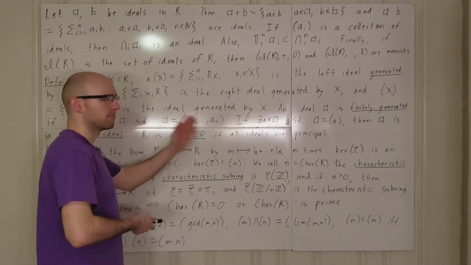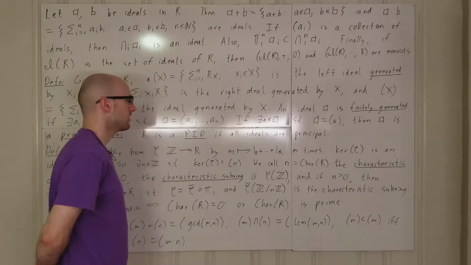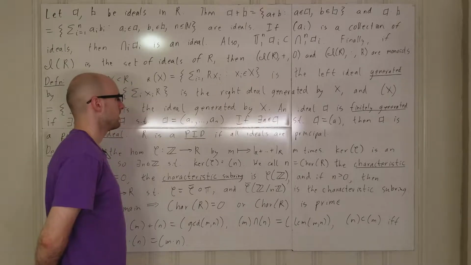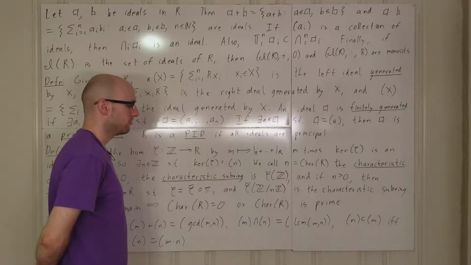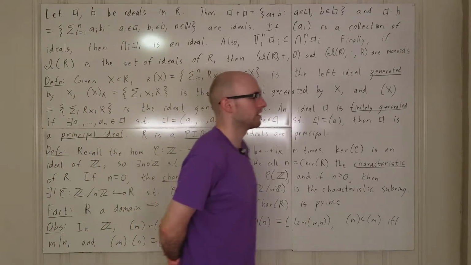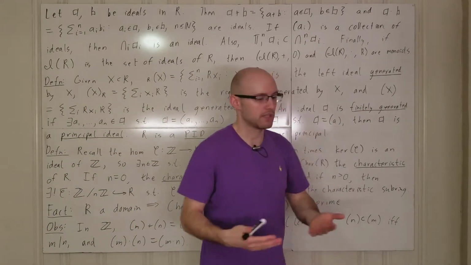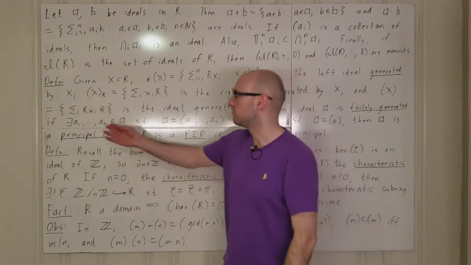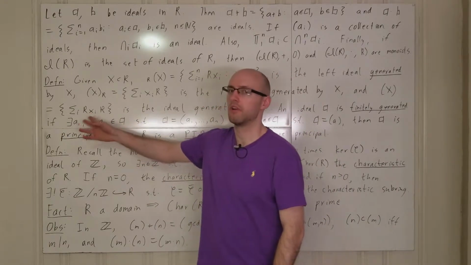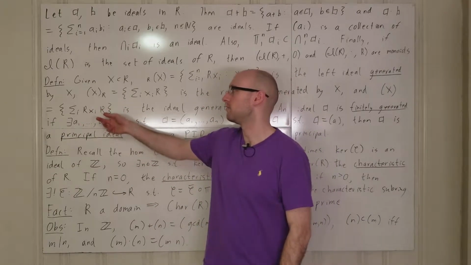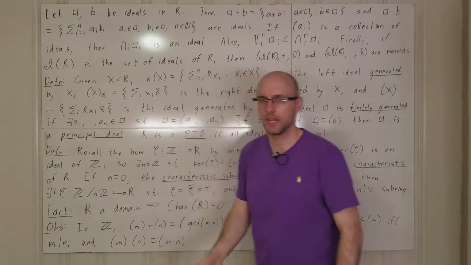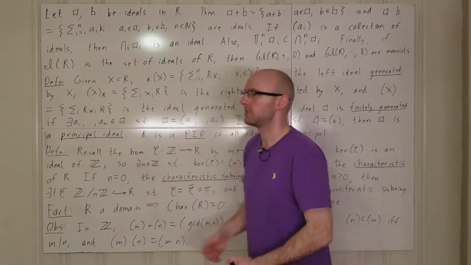And if it is true, we don't prove it here. But yeah, so it's basically you do the least amount of work in order to take this set X and make it into an ideal. You have to be able to multiply on the left by any element of R, you have to be able to multiply on the right by any element of R, and you need to be able to take finite sums. And that's exactly what this is.